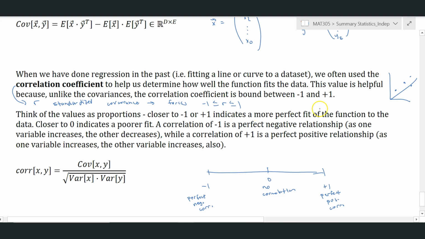Well, it's going to be a negative relationship if as one value increases, the other tends to decrease, versus a positive one is a perfect positive relationship. As one variable increases, so does the other. So this would have a positive correlation because as x goes up, so does y. And the way you do this is to get the correlation coefficient, you take the covariance and divide it by the square root of the products of the variances.